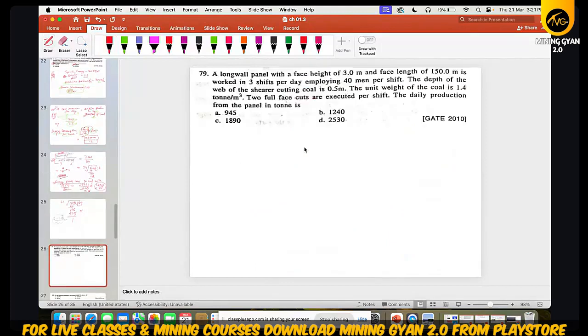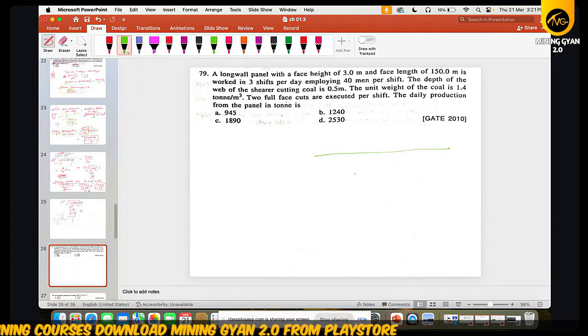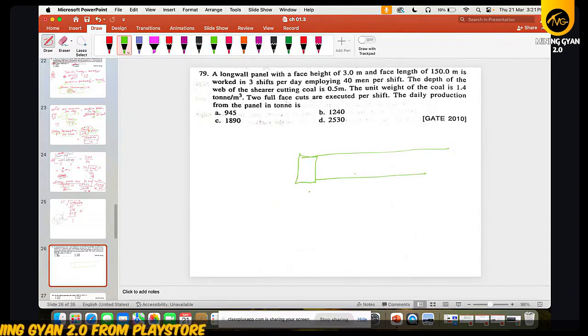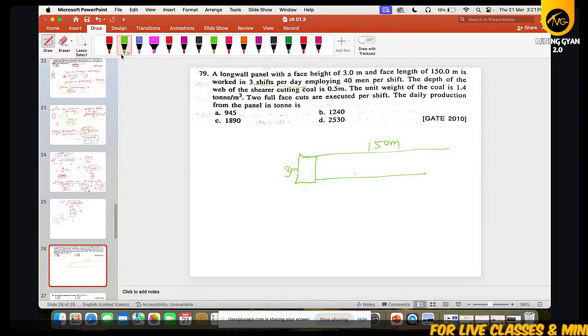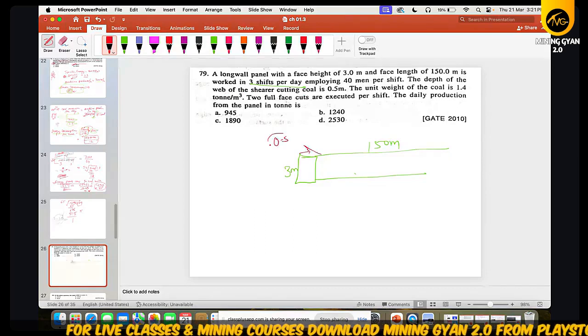Okay, now come to 79. A long wall face with a face height of... look, suppose this is your long wall face, this is your face. So he has given us height 3 meter, length 150 meter, 3 shifts per day. The depth of the web of the shearer, depth one time, is 0.5 web cutting.